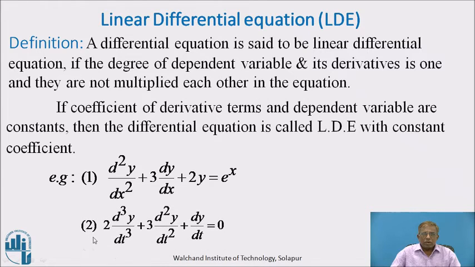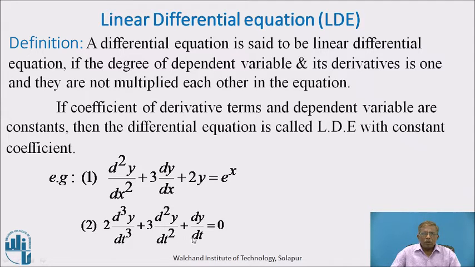Another example, number 2. 2 into d cube y by dt cube plus 3 into d square y by dt square plus dy by dt equal to 0. In this, again y is the dependent variable and t is the independent variable, and the derivatives of y are dy by dt, d square y by dt square, d cube y by dt cube.